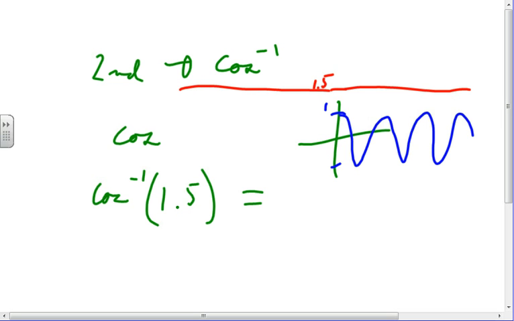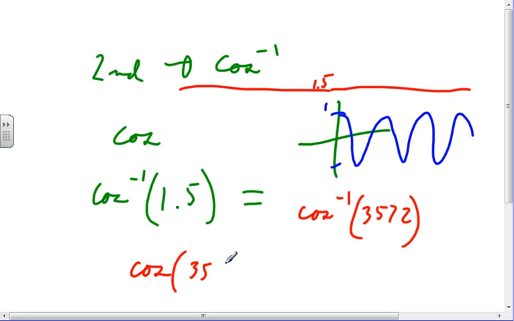So you can't take the arc cosine of any number unless it's between plus and minus 1. Outside of that, you end up with a domain error. There's nothing there. I can't take the arc cosine of 3,572. That would not make any sense. But I can take the cosine of 3,572. I can do that.